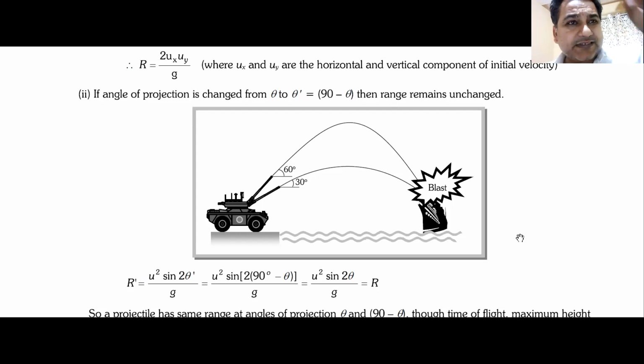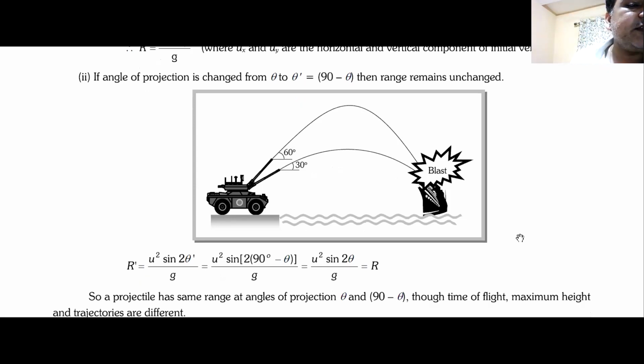For 30 degrees, it gets to a lower maximum height, but the range is the same for both angles. What must you remember about these two angles? These two angles are complementary angles. 30 plus 60 becomes 90. Can I have some raise of hands that we understand this? For complementary angles, range will always remain the same.